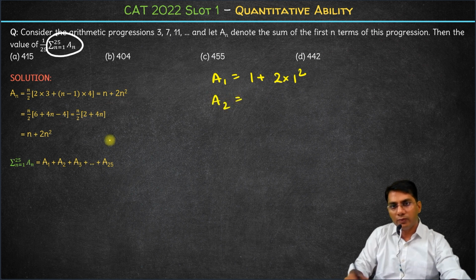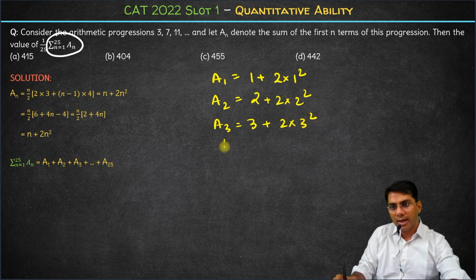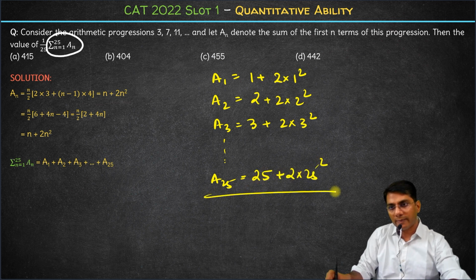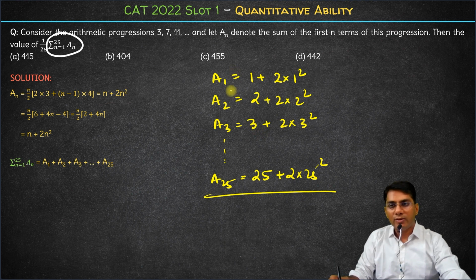Putting n equals 2, A2 will be 2 plus twice of 2 square. Similarly A3 will be 3 plus twice of 3 square, and this will go on till A25, which is going to be 25 plus twice of 25 square. These are the values of A1, A2, A3 till A25.